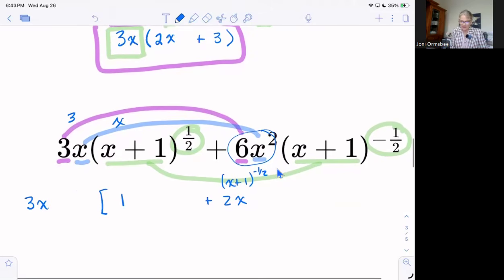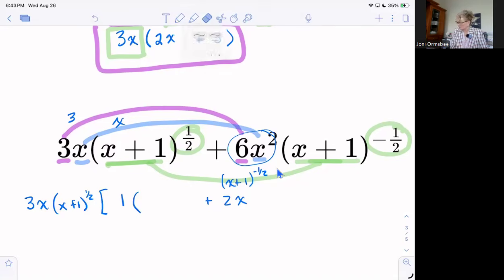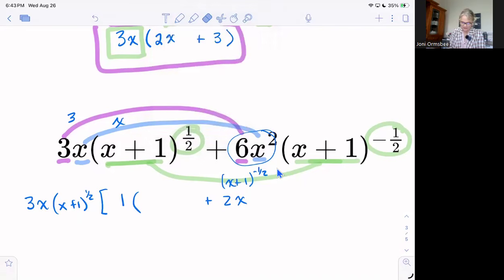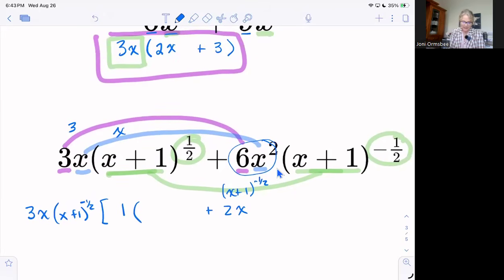All right, now we're going to factor out the green one. So we're going to factor this one out. And so we're going to factor out x plus 1 to the 1/2. All right, well, that is exactly what we have. Sorry, we're going to do -1/2. So when we factor out x plus 1 to the -1/2, you're going to have to add exponents. So what do I need to add to -1/2 to get 1/2?